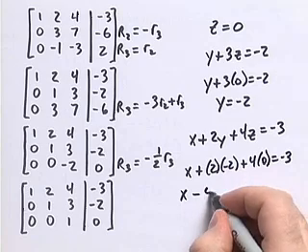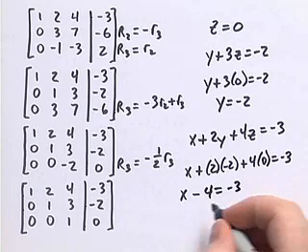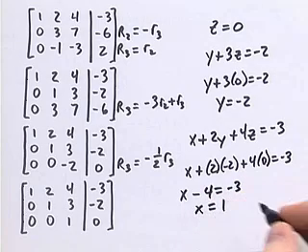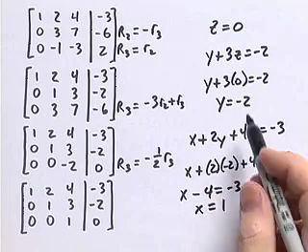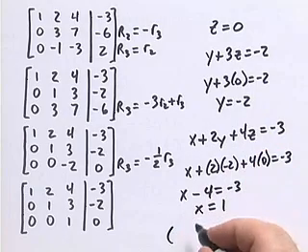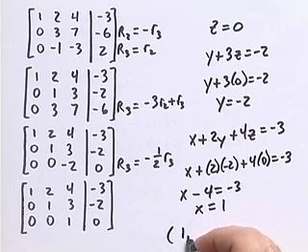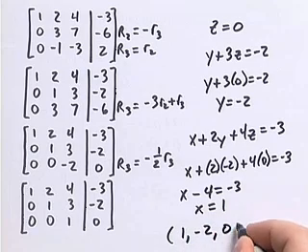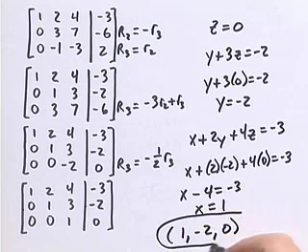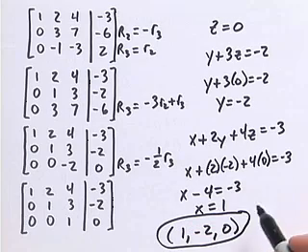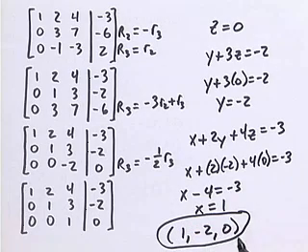So that gives us x minus 4 equals negative 3, or x is equal to 1. Now we know the values for x, y, and z, which gives us our ordered triple solution, 1, negative 2, 0. Remember, you should go back to the original system of equations and verify that this is indeed the solution that satisfies all three of the equations.